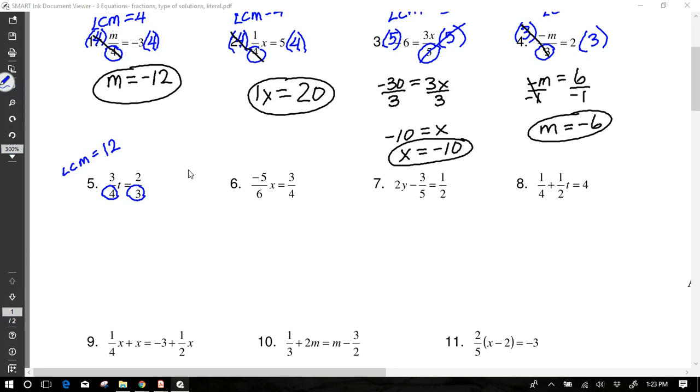All right, so what I'm going to do is multiply both of the terms in this equation by 12. I'm going to do 12 times 3, and I see that that will be 36 over 4, t equals, and then I'm going to do 2 times 12 and get 24 over 3.